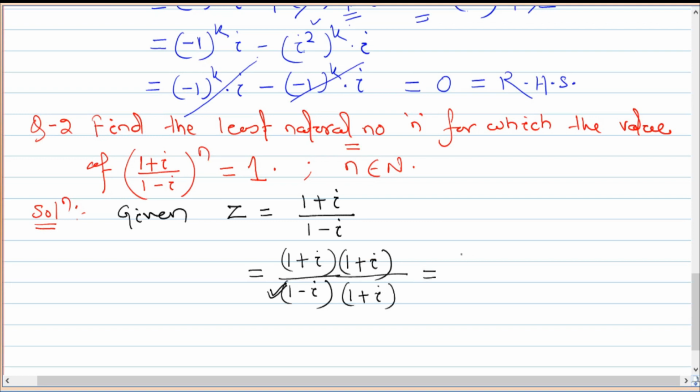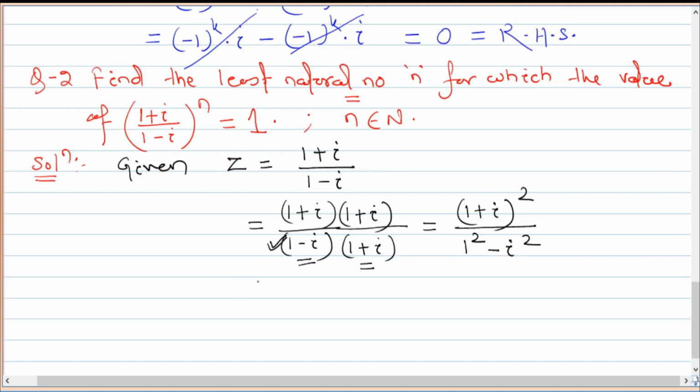So we'll get in the numerator (1 plus i) whole square, divided by a square minus b square, because (a minus b) into (a plus b) is 1 square minus i square. This is nothing but 1 square plus i square plus 2i, divided by 1 square, which is 1 minus 1.